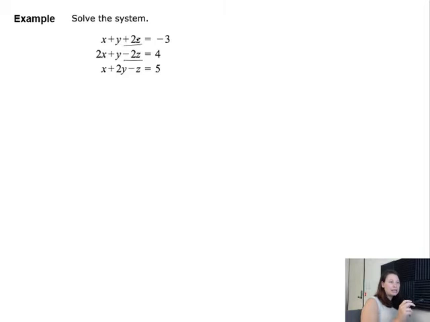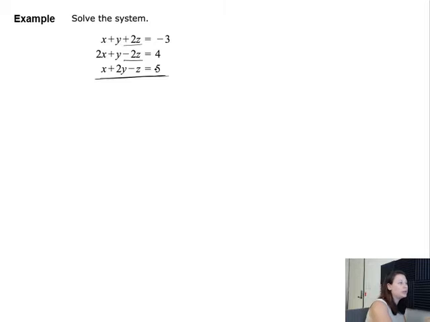So let's go ahead and do that. We want to make sure to eliminate the z out of all the equations and get two equations. Every time you eliminate a variable, you should have one less equation as well. So we're also going to multiply the third one by 2.